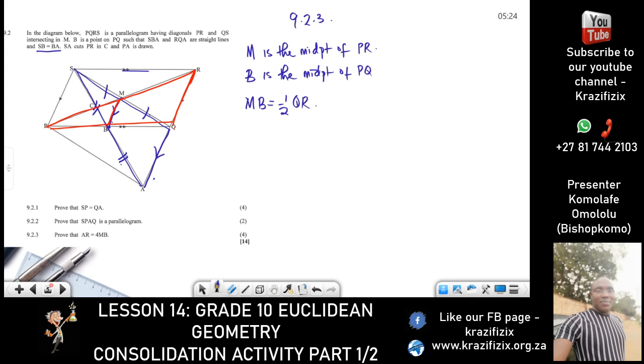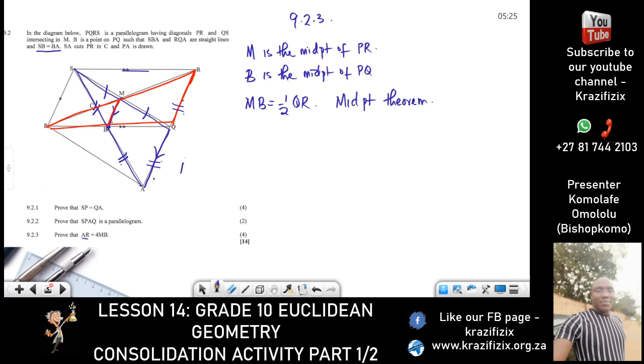I like that. MB is half of QR. But what is QR in itself? Do you remember that we've proven that this and this are equal? Let me do it on the side. Let me write midpoint theorem here. Midpoint theorem. Our answer has AR in it.